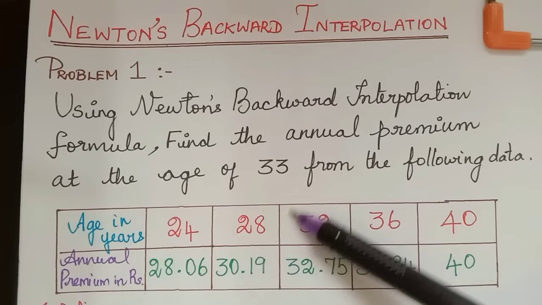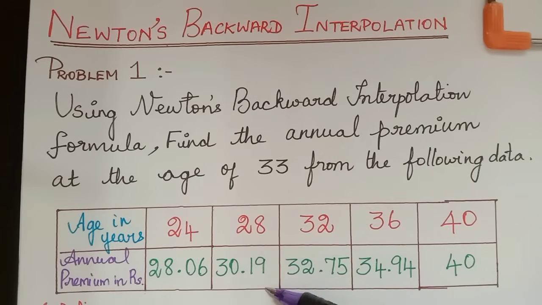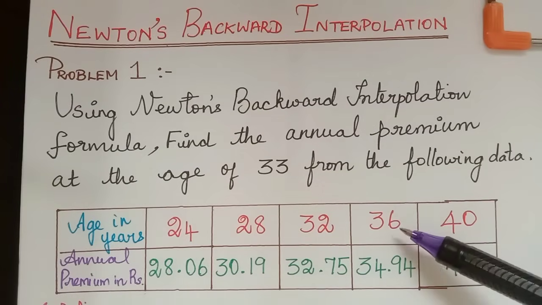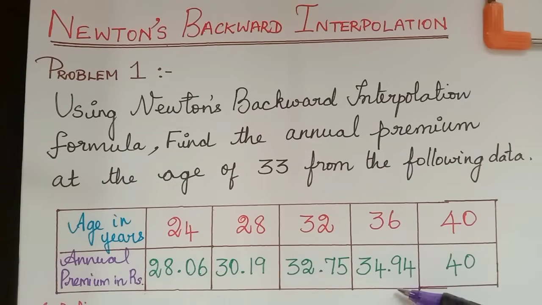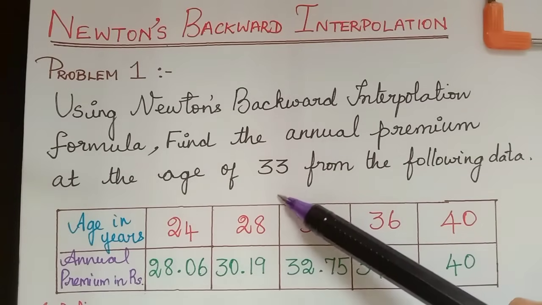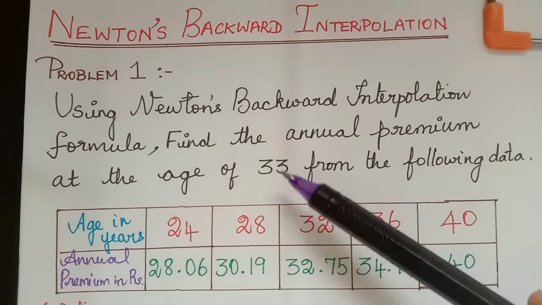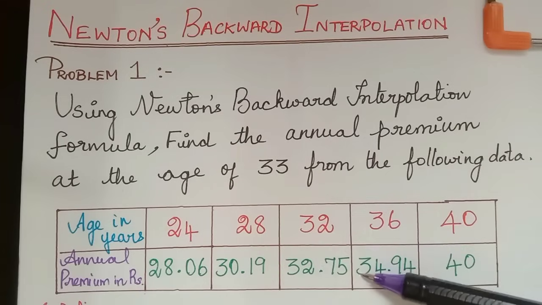At the age of 28, it is 30.19, at the age of 32, it is 32.75, at the age of 36, it is 34.94, and at the age of 40, the annual premium is 40. And they are asking us to evaluate at the age of 33 the annual premium.